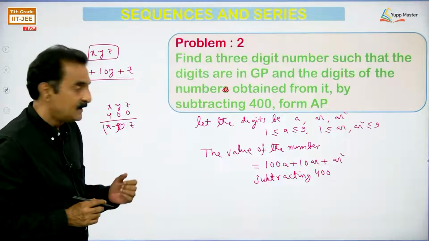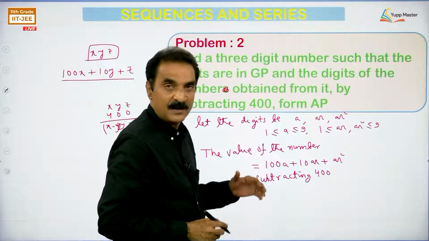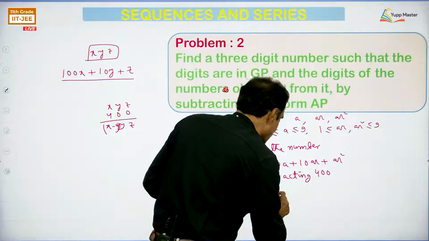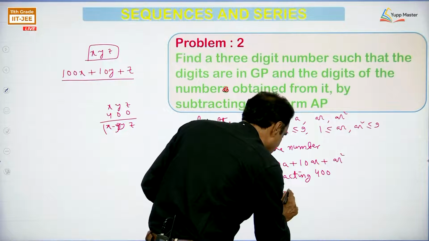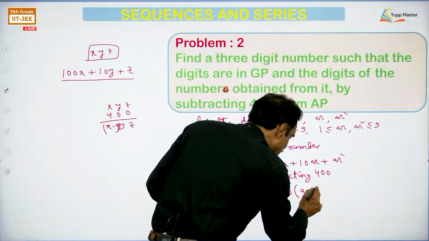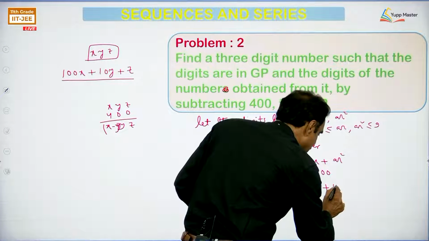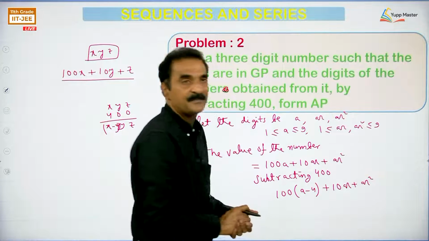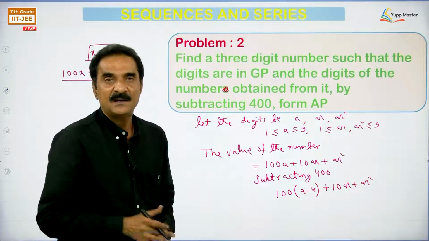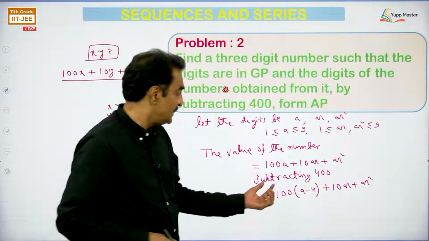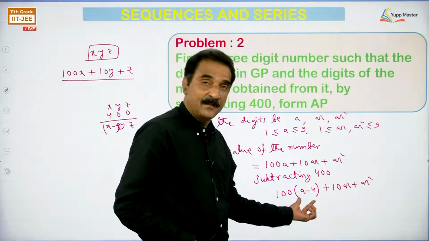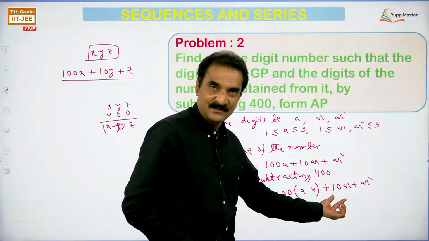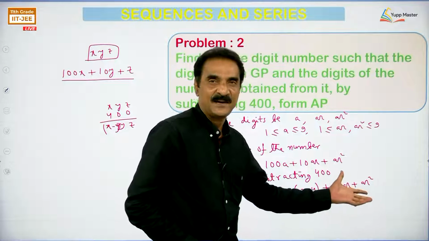So on subtracting 400, we write that number as 100a minus 400, that is 100 into a minus 4, plus 10ar plus ar square. That means in the resulting 3-digit number, hundreds place is a minus 4, tens place is ar, and units place is ar square.